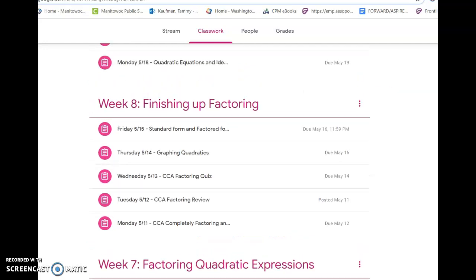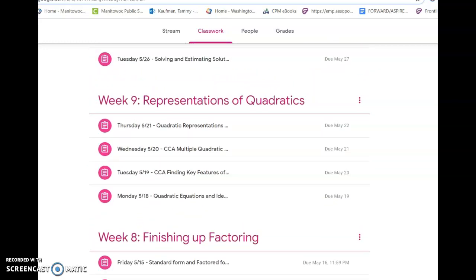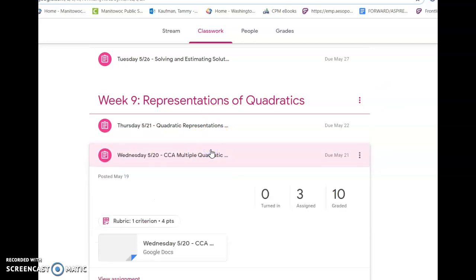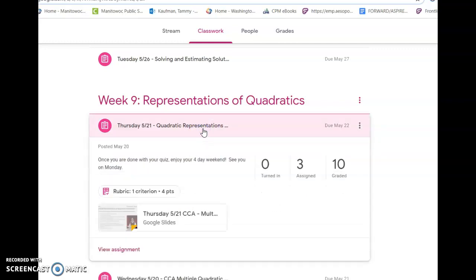And then the next one was all the different models of quadratic equations. I believe it's this one. Nope, that was the review. So on Thursday, May 21st is when you took the assessment on the multiple representations of quadratic equations. That would help you answer the next question.